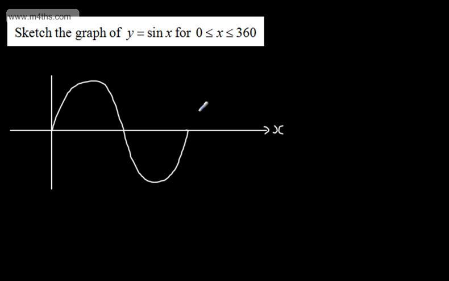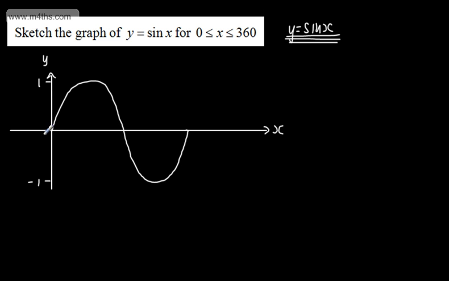This is x, this is y, and we have now y is equal to sine x for x between 0 and 360 degrees. So this is the maximum value of 1, we have a minimum value of -1. Sine x can never be greater than 1 or less than -1.